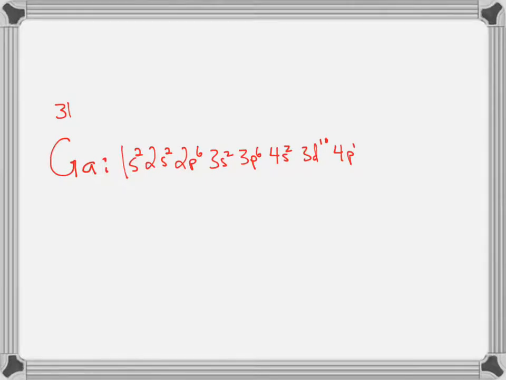So if we look at the valence shell, we are concerned about our outermost shell, which is the 4 energy level. Let me underline those. Which means we have 3 electrons in our valence shell. Okay? What's the shorthand version for this? We look at the previous row.